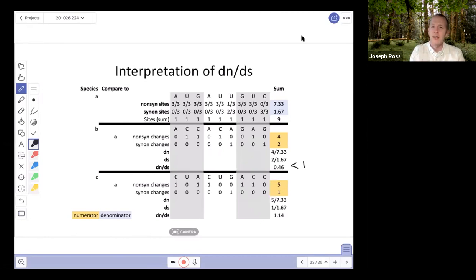In other words, dn/ds less than 1 suggests that mutations in these codons that we're studying are bad. They're decreasing the fitness of organisms that get them. We know that they're getting them just because mutation is random, but the ones that do get them are eliminated by natural selection. So the only individuals that stick around in the population for us to study are the ones that have more synonymous mutations than non-synonymous.